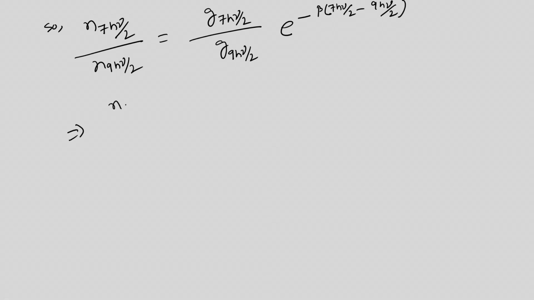So n 7 h nu by 2 by n 9 h nu by 2 is 6 by 10 e to the beta h nu.